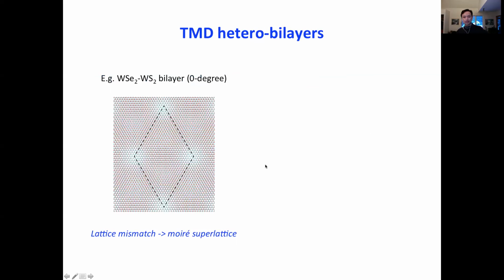Okay, first, semiconductor Moire systems. You can form a Moire superlattice structure by putting two monolayers of semiconductors on top of each other. One example would be tungsten diselenide on tungsten disulfide. Because of the natural lattice mismatch between these two different materials, if you align the two materials at 0 degree, it forms a Moire superlattice structure that looks like this.